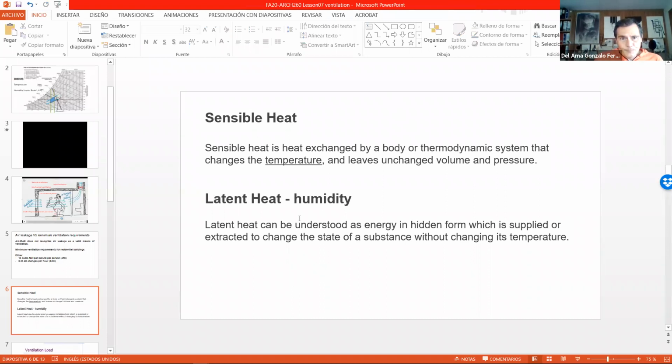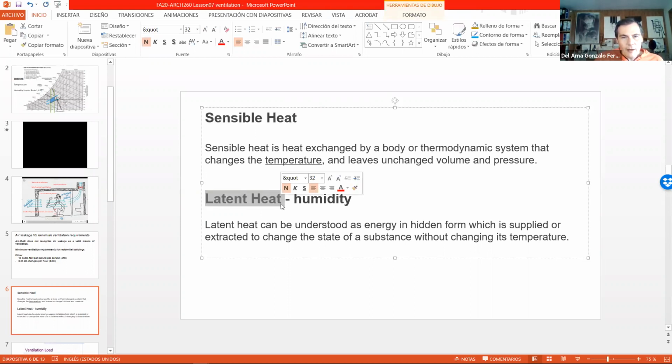Now we have to differentiate between sensible heat and latent heat, and both are important. If we have a few people in a room, we only have sensible heat. But when we have a lot of people in the room, latent heat can be important, because we are increasing the relative humidity by breathing. And in a sports facility, latent heat becomes more and more important, because we are sweating.